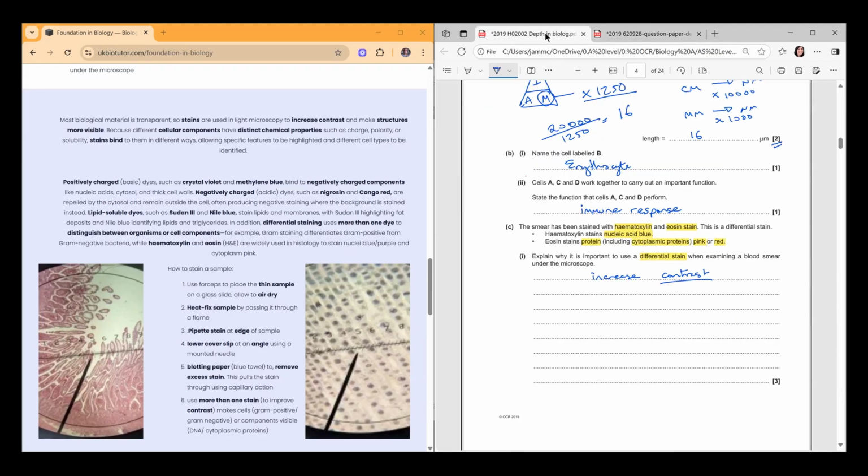We can increase the contrast. We can actually see organelles, i.e. the nucleus, and that allows us to identify these structures, but also to distinguish different cells.